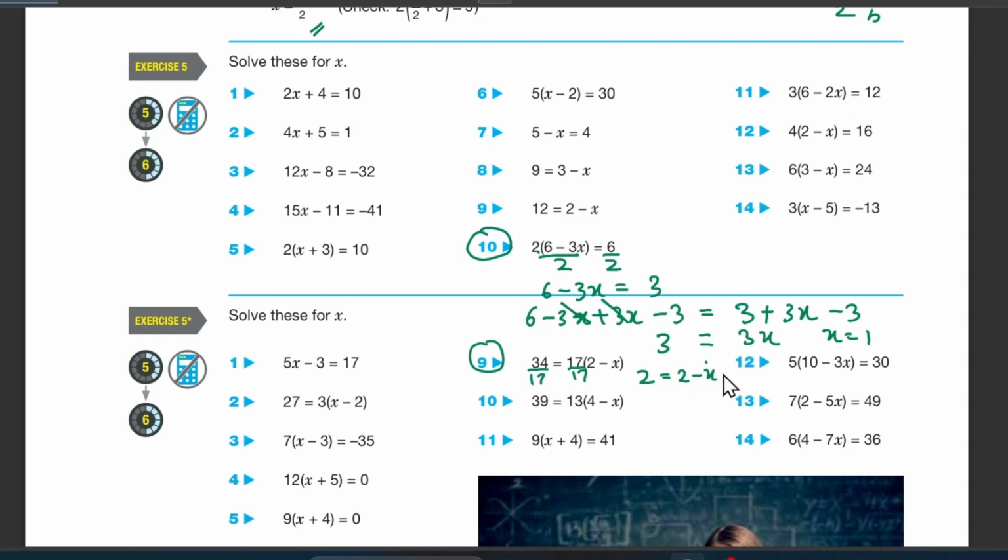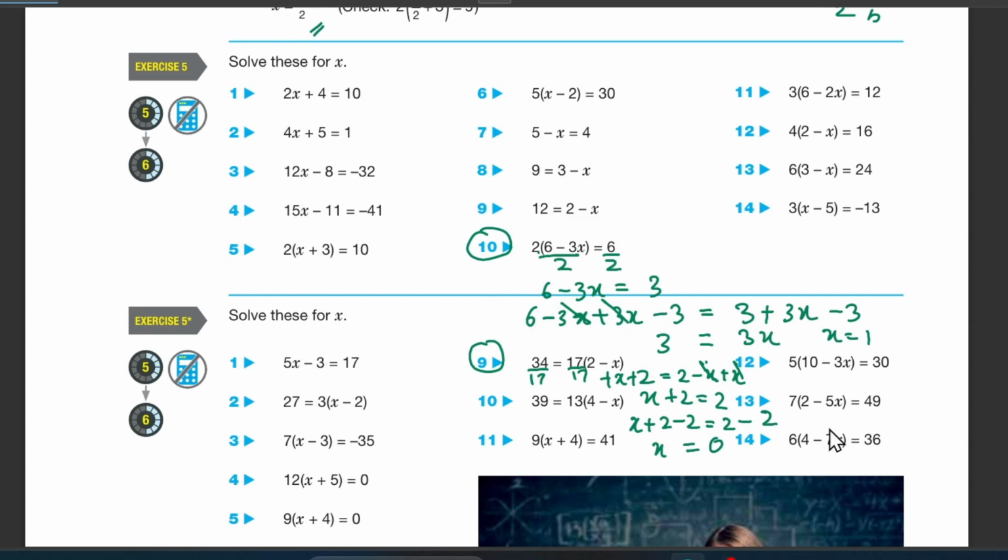So then I will get, I add x to both sides. These two cancel out. I get x plus 2 equals 2. So now I have to subtract 2 from both sides. So now I get x equals 0. So that's the value for x.